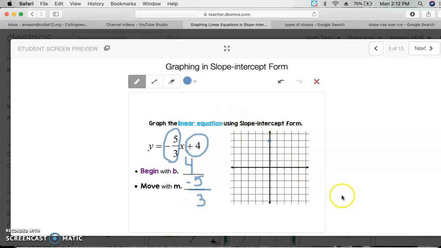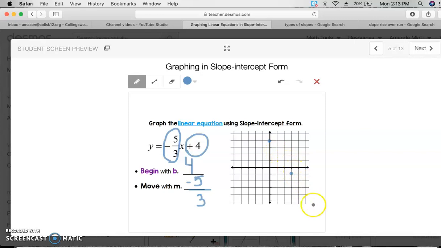So straight down. Since I don't have much room to go upwards, I'm just going to count down 5 because I remember in my first couple slides I said you can go down or up. So I'm going to go down 1, 2, 3, 4, 5 since that's my rise. And I'm going to run 3. Since I talked about my line going down, I want to go to the right 3 and put my dot.